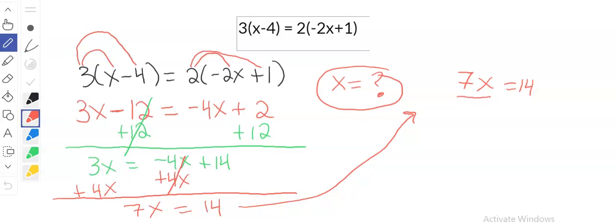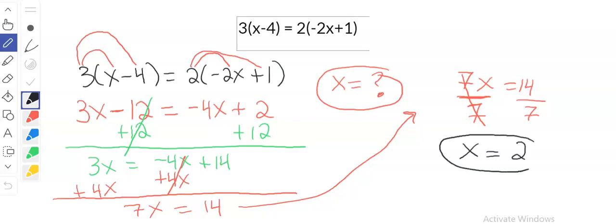So if I want to move this 7 and leave this x alone here, I need to do the opposite of multiplication, which is division. So I will divide both sides by 7. Okay? And when you see it, x is equal to 14 divided by 7, and 14 divided by 7 is equal to 2. Okay? And that's how you do it, guys.